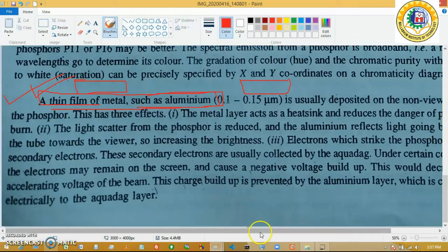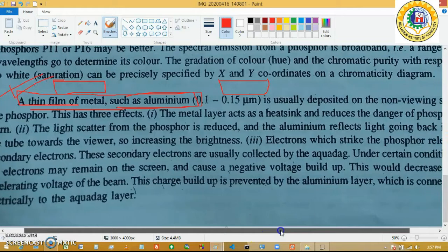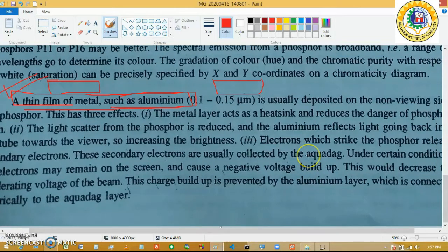Now this has very good advantages. The first advantage is that whenever the electron beam strikes the phosphorus skin, it generates some amount of heat energy.